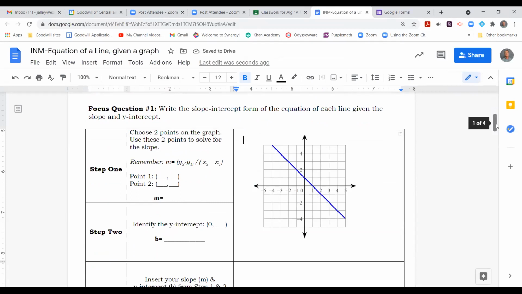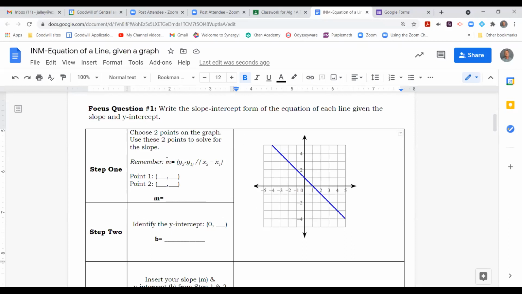Because we can see the graph. What's the y-intercept on this first graph? 1. Yeah, it's 1. It's crossing the y-axis at a +1. So that's what we would plug in for B. If you notice down here in step 2, there's a spot that says identify the y-intercept, which would be 0, 1. 0 because we've not gone left or right at all from the origin. We're sitting right on the y-axis.